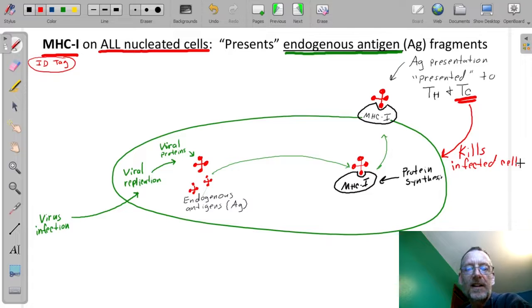So again, this is the MHC1 story and the presentation of endogenous antigens, those antigens coming from inside the cell. Now this normally occurs all the time for other proteins that might happen to be inside the cell, such as bits of worn out mitochondria or worn out organelles of other type.